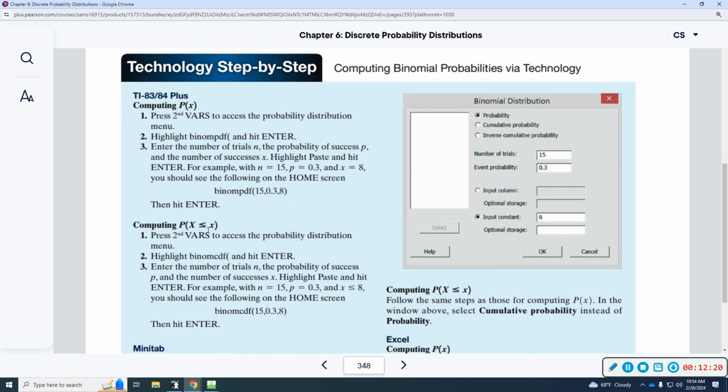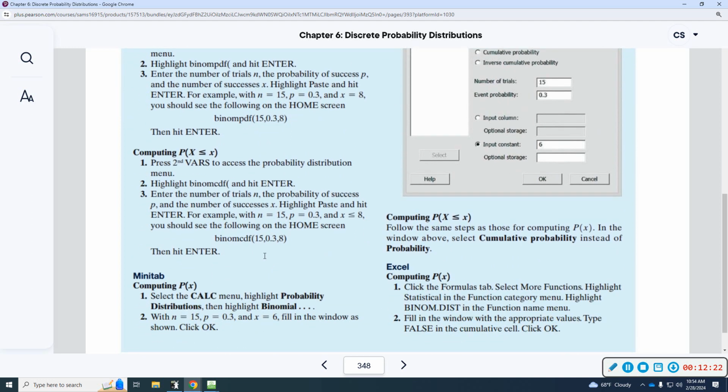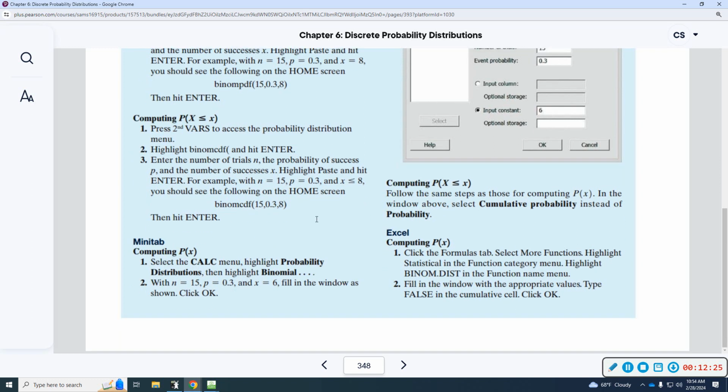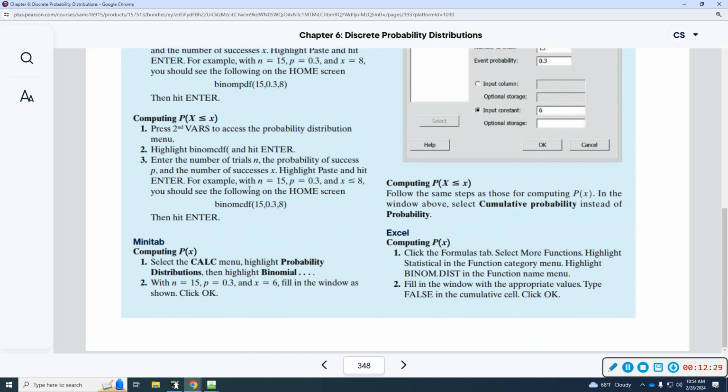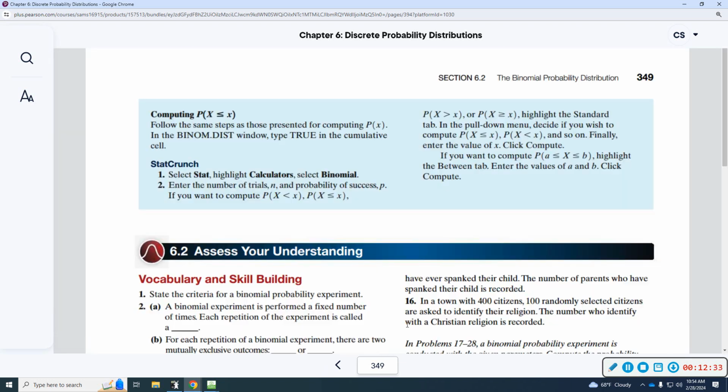Now, if you want to do less than, it's showing you how to do less than, and then it doesn't show you the greater than, but we can manipulate to get that. It shows you Minitab, Excel, and then on the next page we see how to do it with StatCrunch.